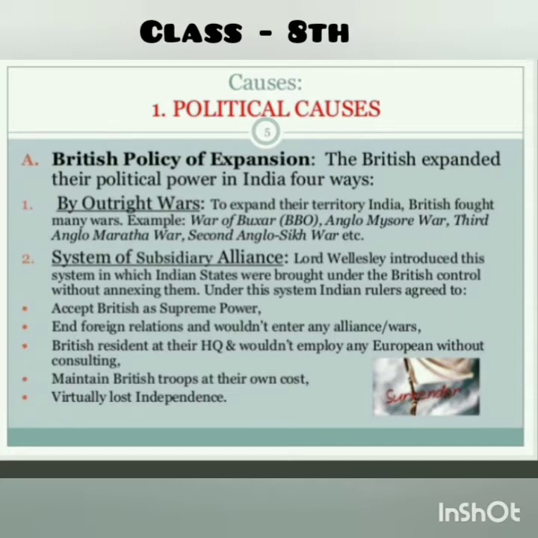System of subsidiary alliance. Lord Wellesley introduced this system in which Indian states were brought under the British control without annexing them.